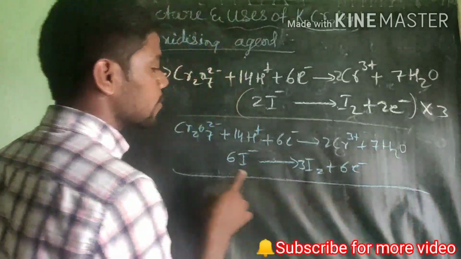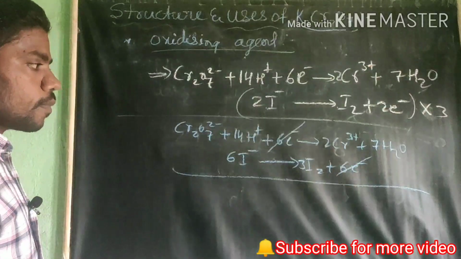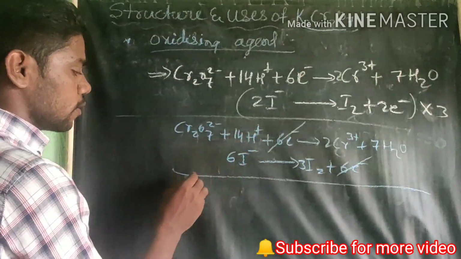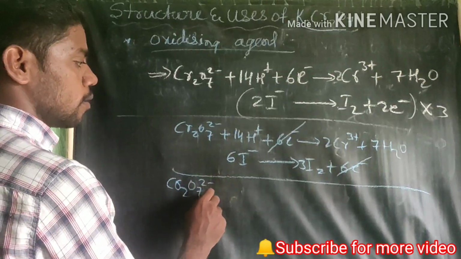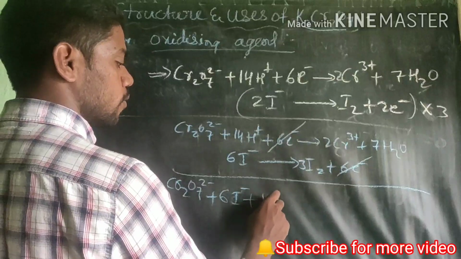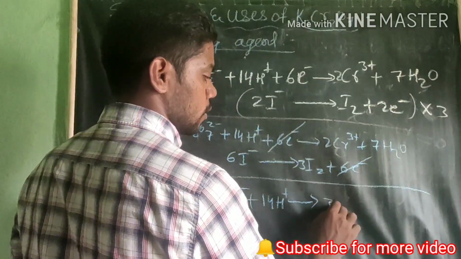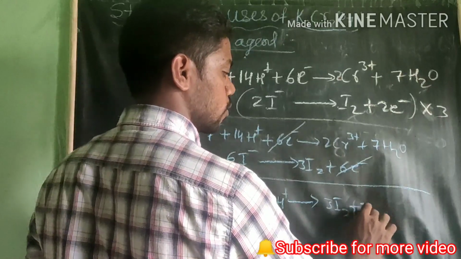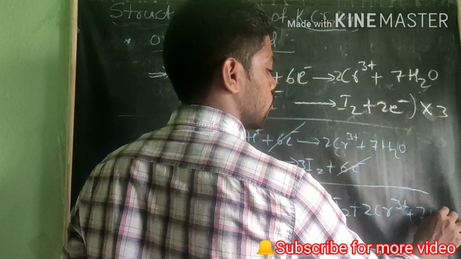To add up these equations, we cancel the electrons. Therefore, adding them: Cr2O7 2 minus plus 6I minus plus 14H plus converted into 3I2 plus 2Cr3 plus plus 7H2O.